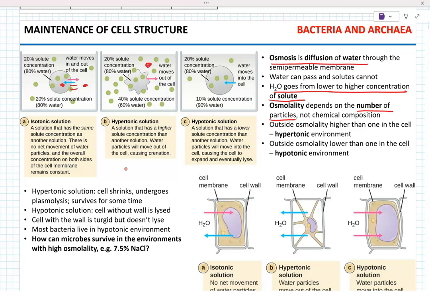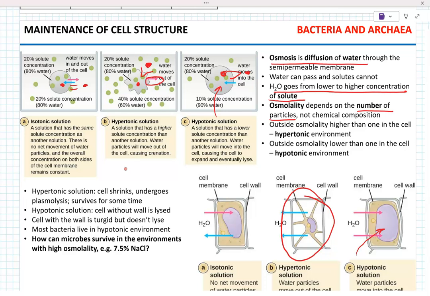If the environment has a greater concentration of solutes than the cell, we call such an environment hypertonic, and what happens is water leaves the cell, forcing it to shrink and often undergo osmolysis. Finally, if the cell has more solutes inside than the solution outside, we call such an environment hypotonic, and in this environment water instead moves into the cell, resulting in the cell swelling.